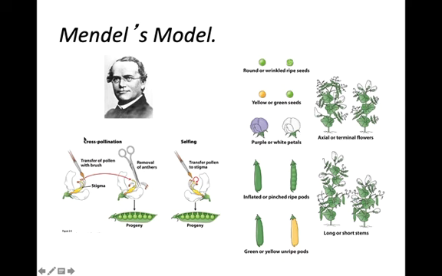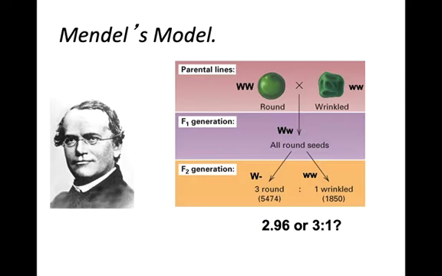Now, in the crosses that Mendel performed, which we briefly discussed in the last class, there was a genotype which I said was breeding true. He didn't have the designation big W or little w at this time, but there were two different strains of peas, one which always gave round peas and one which always gave wrinkled peas.